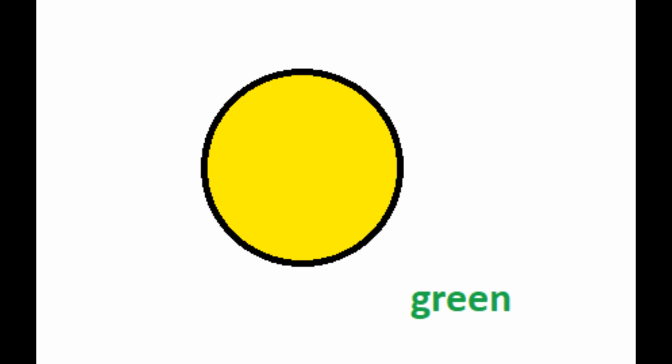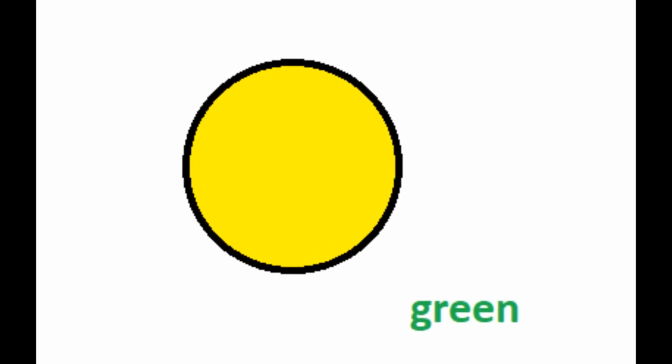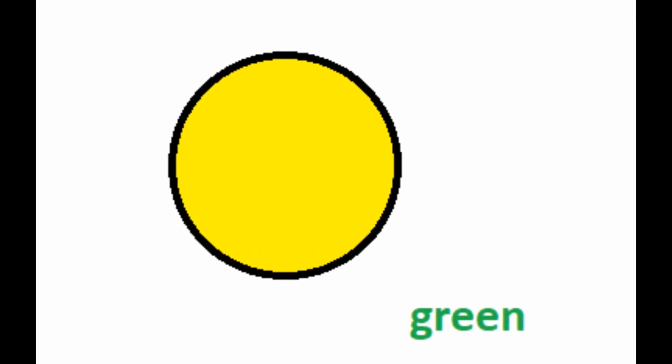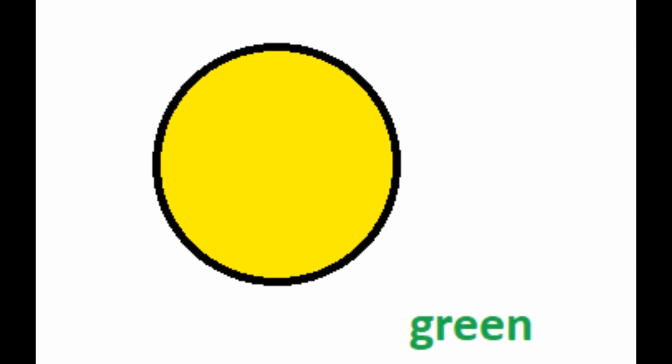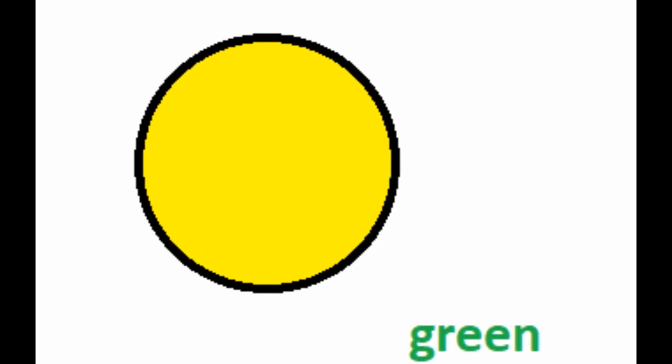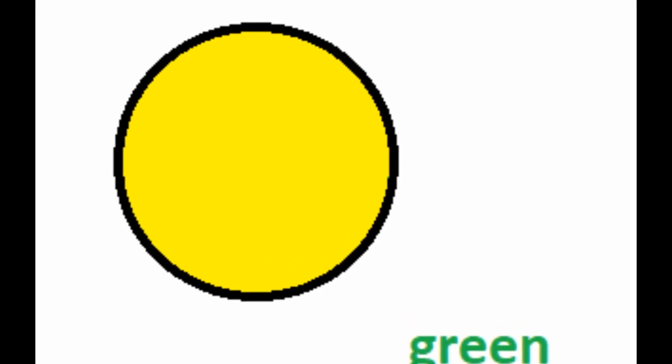So if I claim that there is the color green within the black circle here, then it is up to me to demonstrate that the color green does in fact appear inside of this circle. And as I zoom in on the image, we will see that there is a green dot. Very small, but it is there.